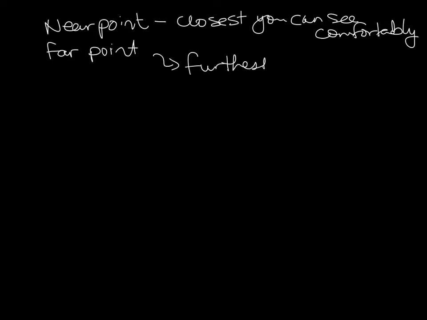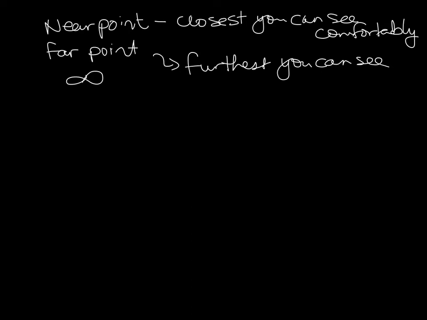Now, in a perfect world, your far point will be infinity. If you have perfect vision, your far point is infinity, because you can see the sun, which is at infinity. You can see the stars, which are at infinity. Somebody that is nearsighted and not farsighted has trouble actually seeing the stars.